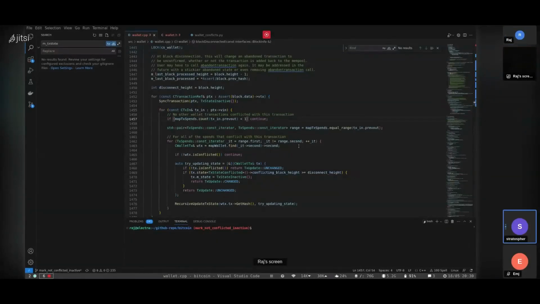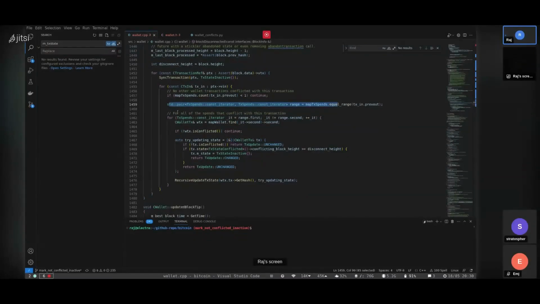So if we have a wallet transaction conflict, we'll go to the next lines of code, and this is where the changes will happen, for all of the spends that conflicted with this transaction.